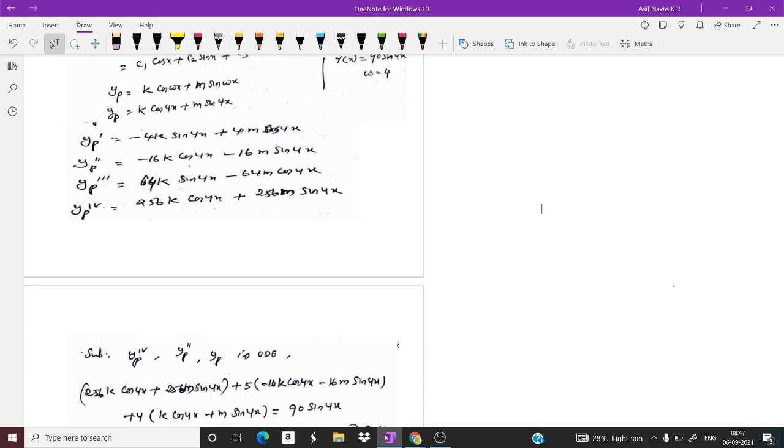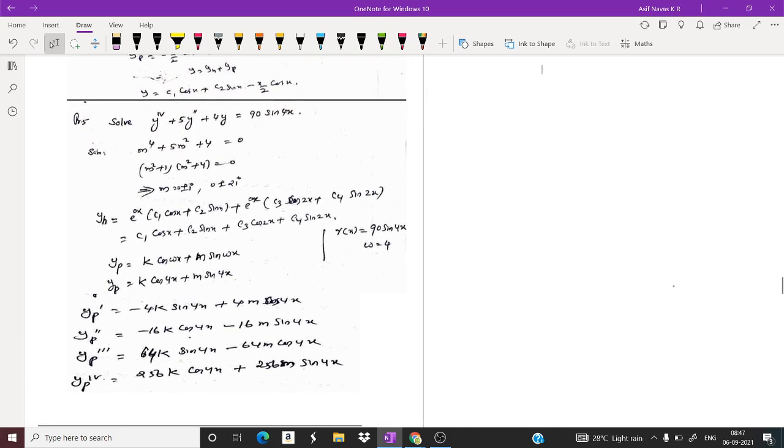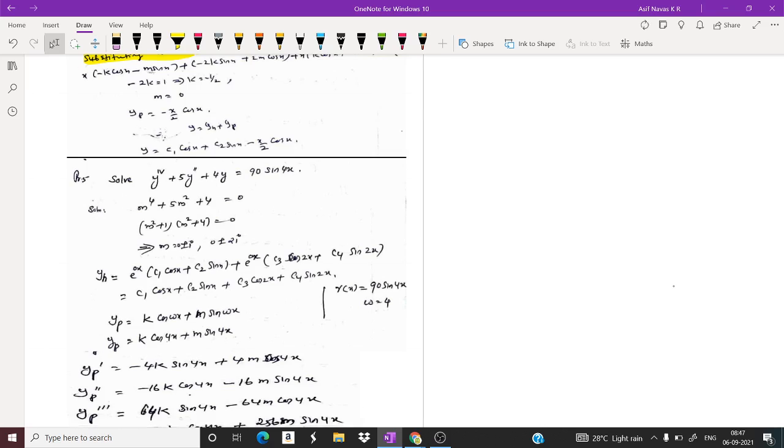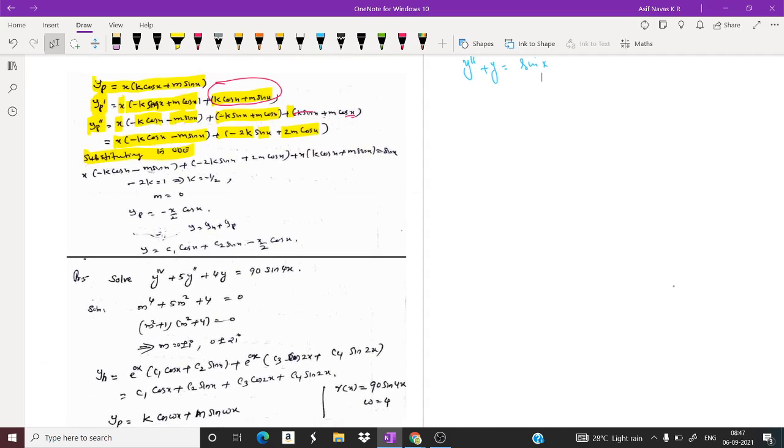Okay, so if we substitute this in the equation, y double dash, we will substitute this yp double dash, that is x into minus cos x minus m sin x, plus yp, minus 2k sin x plus 2m cos x.